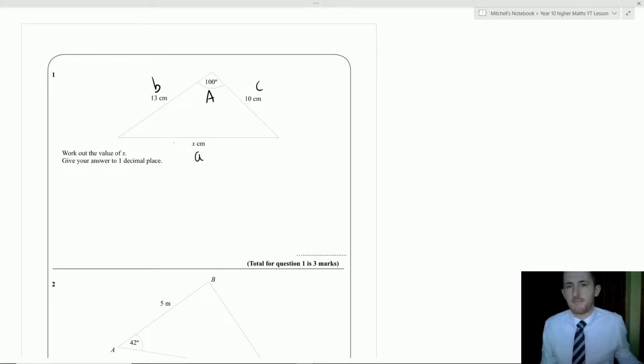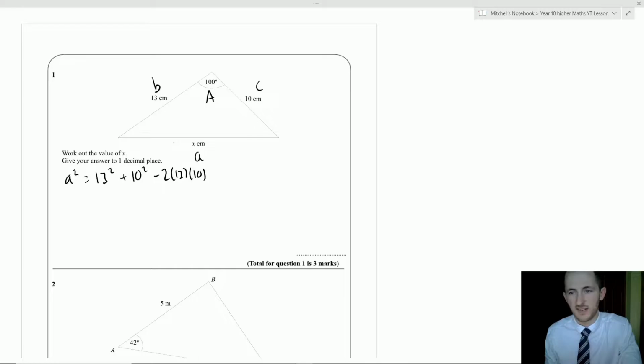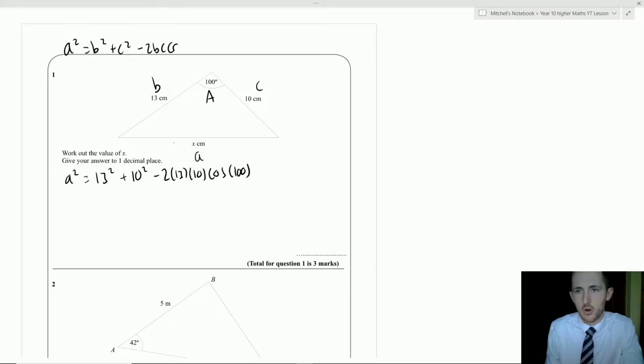So we're going to say that A squared is equal to B squared, 13 squared, plus C squared, 10 squared, minus 2 times 13 times 10. Again, it really doesn't matter the order in which you do these. Cosine 100. Okay, so just as a reminder, the formula I'm using is A squared equals B squared plus C squared minus 2BC cos capital A.